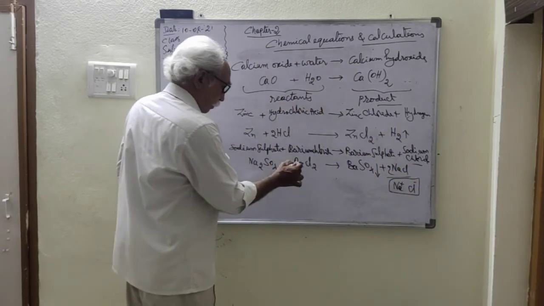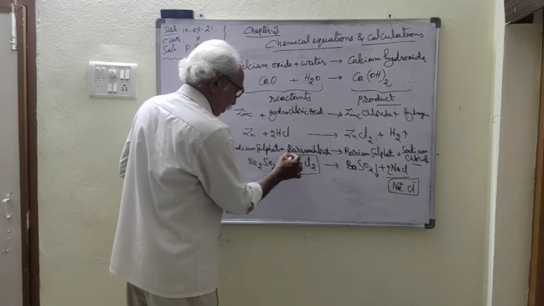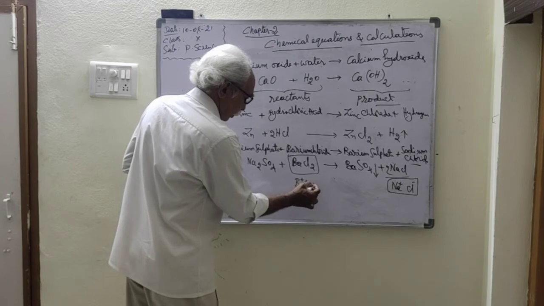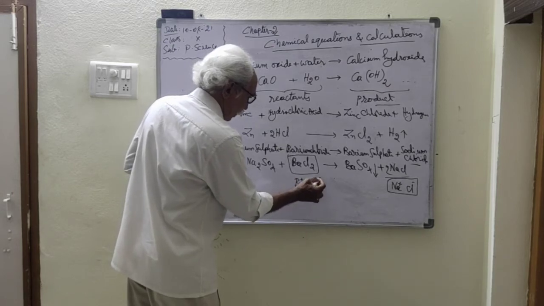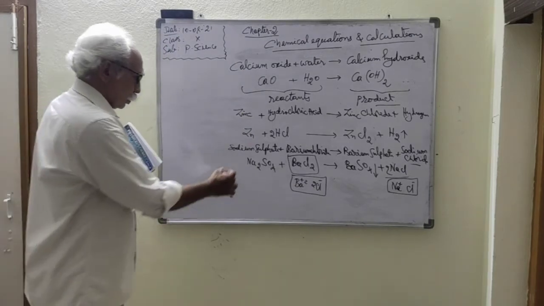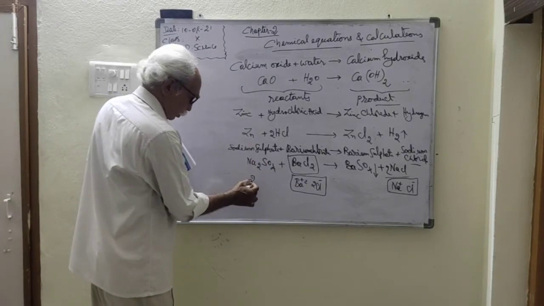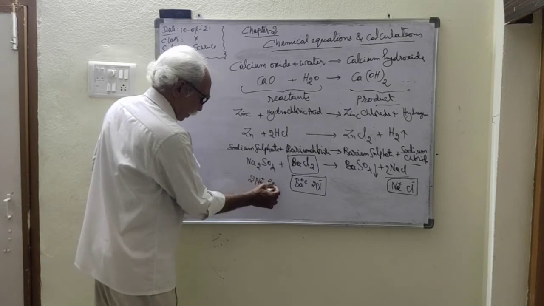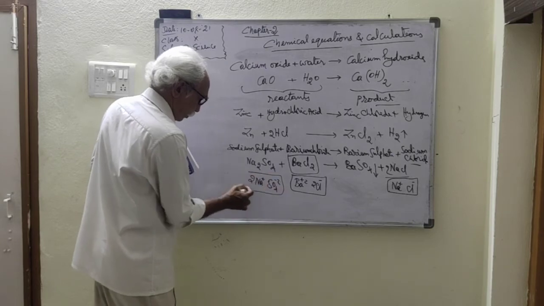Like this, barium chloride: one formula unit is one barium ion and two chloride ions together. Sodium sulfate: two sodium ions and one sulfate ion is called one formula unit.